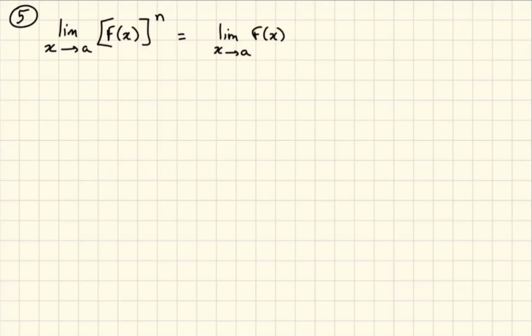Property number 5. Now, the limit as x approaches a of a function f of x raised to the power of n is exactly the same thing as taking the limit as x approaches a of the function f itself and raising the limit to the power of n.